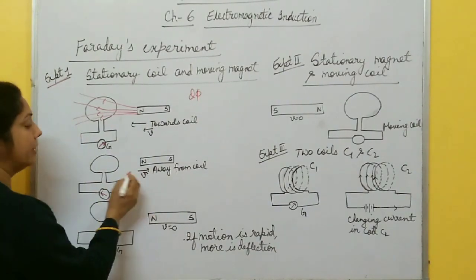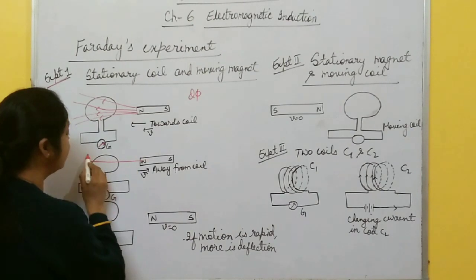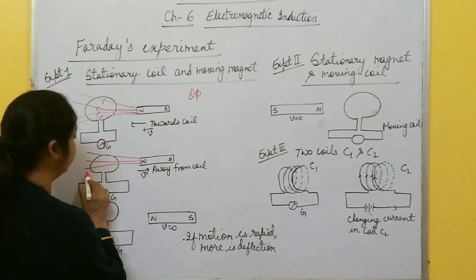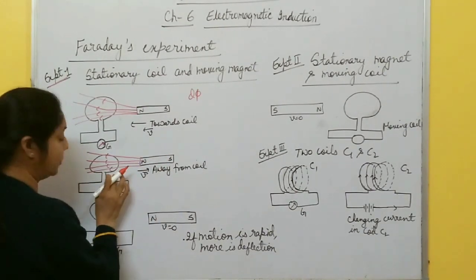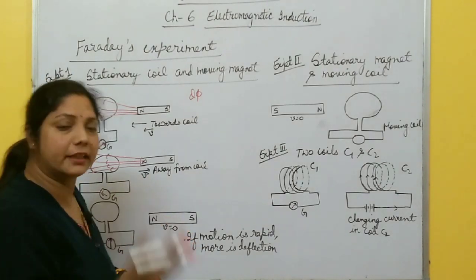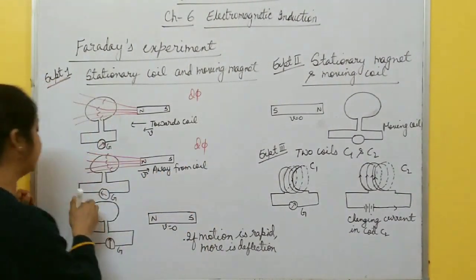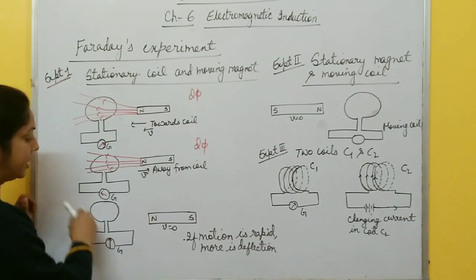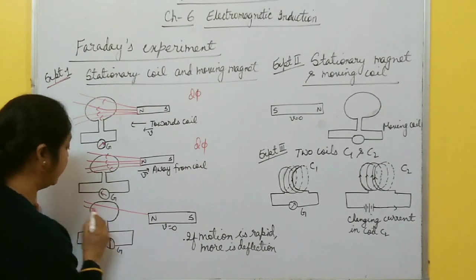Again, when the magnet is moving away from the coil, the field lines passing through this coil decrease. Either it increases or decreases, there is a change in magnetic flux, and hence this galvanometer shows deflection. If there is no motion, then there is no change in field lines.